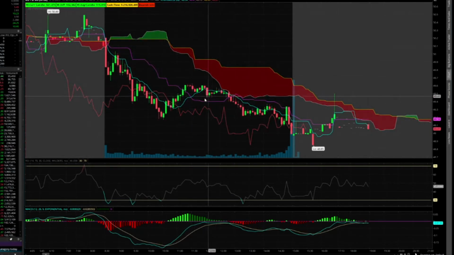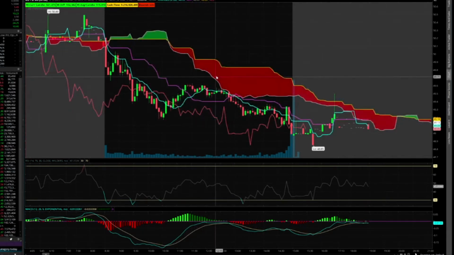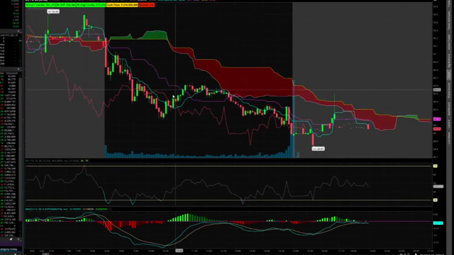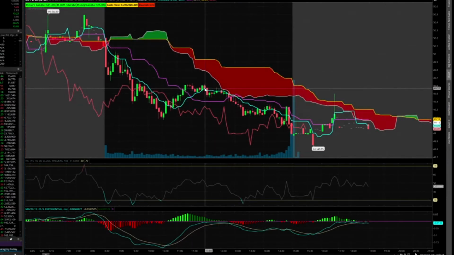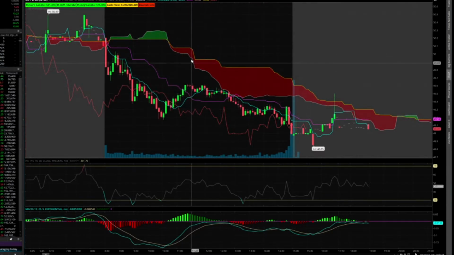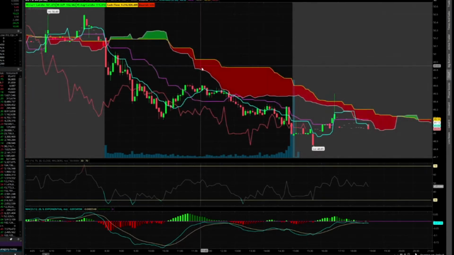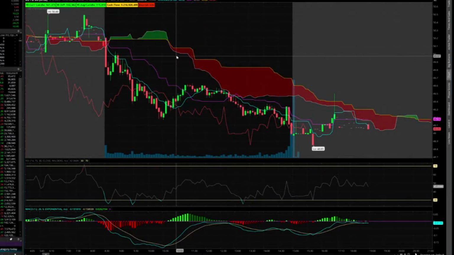So the likelihood of this stock on the 1 minute continuing its uptrend for a very long period of time is very unlikely because it broke below pretty quick. It's got a long way to go before it can even get to the resistance of the cloud. And if it gets to the resistance cloud, there's no guarantee that it'll actually break through the cloud completely and start a bull trend for the day.